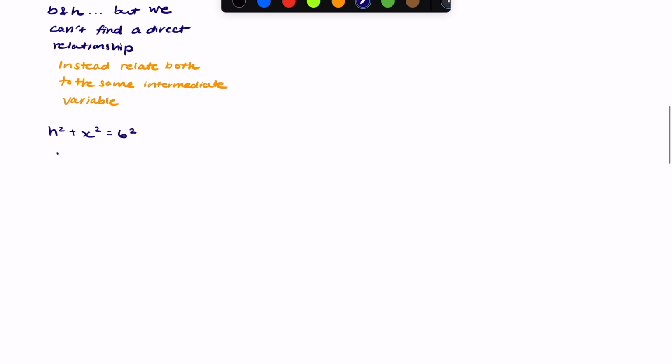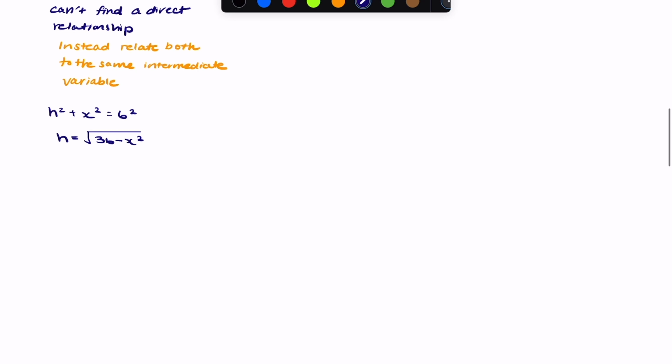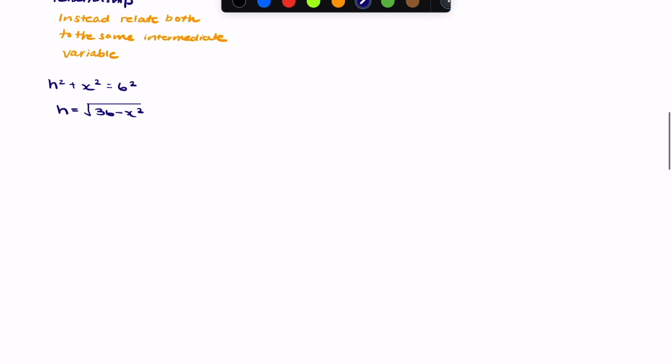So here we can see that h will be equal to the square root of 36 minus x squared. And we can see that the base, in this situation, is equal to 6 plus x.